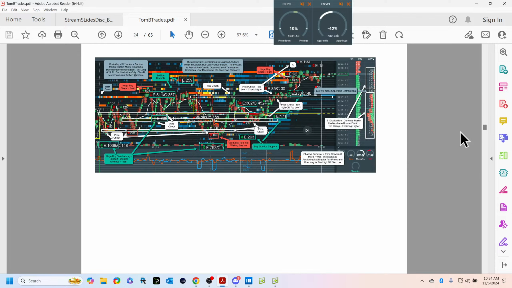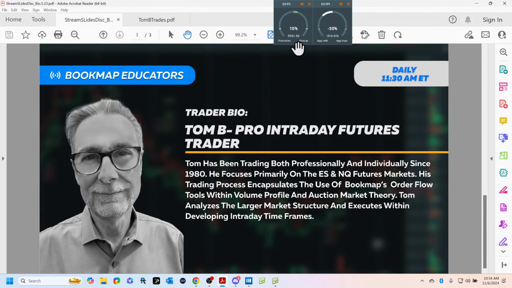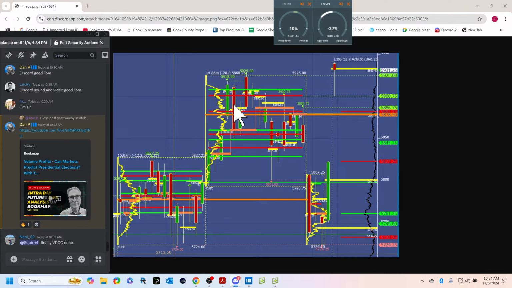Now, the job of traders in the Trader Lab is to adjust these processes to their psychological alignment. Some traders are going to trade short-term rotations. Other traders are going to go pedal to the metal and go more long-term rotation. Now let's look at yesterday. I'm coming back because I want to show you a higher time frame.